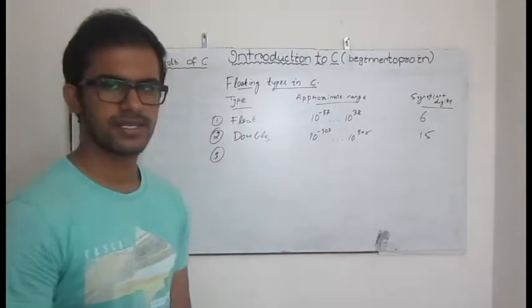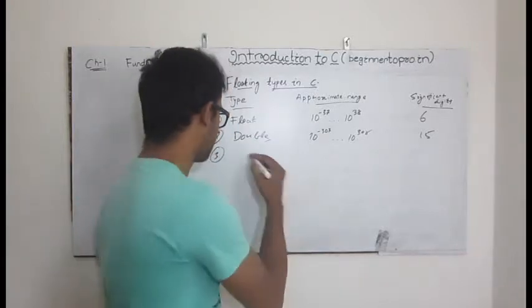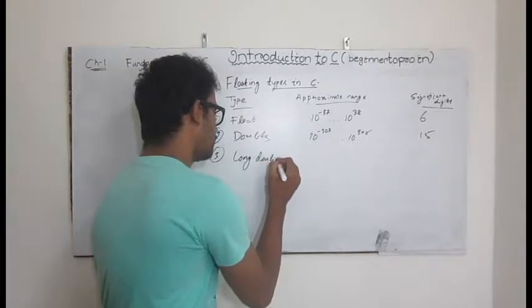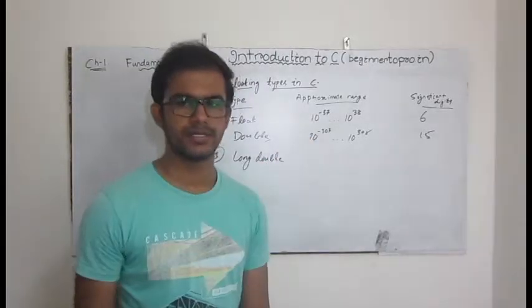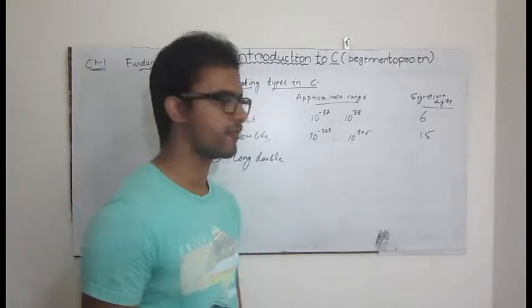And the last floating point type in C is long double, and the range will be 10 to power minus 4931 to 10 to power 4932.